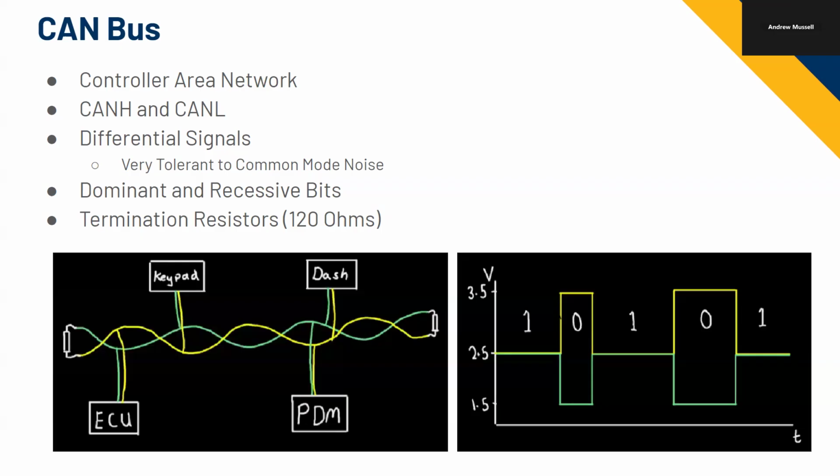Transmission lines are basically when your signal is switching so fast that a quarter of the wavelength is comparable to the distance of your transmission line. So the signal looks like a wave propagating down this line.